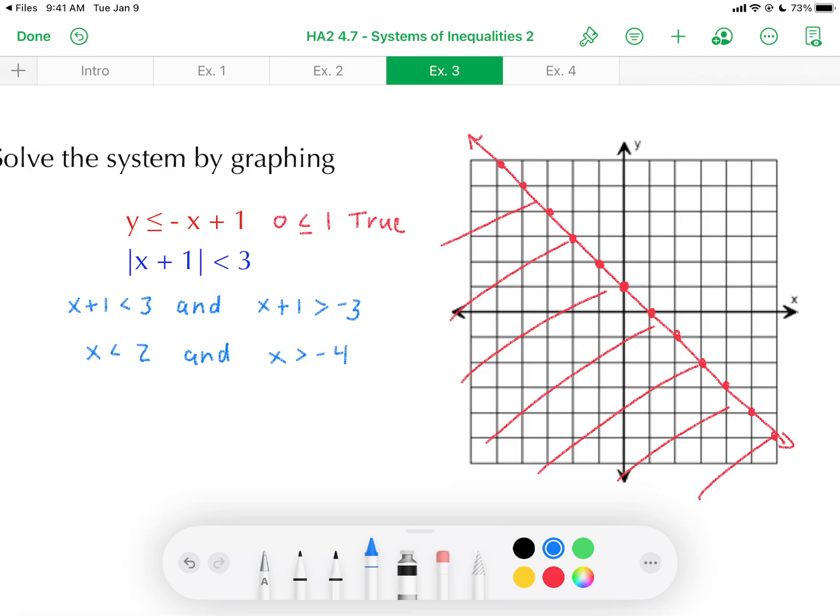I need a dashed vertical line right here, and I need another one right here. So we're looking for all the points whose x coordinates are less than 2 but greater than -4. Wouldn't that be all the points in between those two lines? And now you can see your overlap is this region right here.